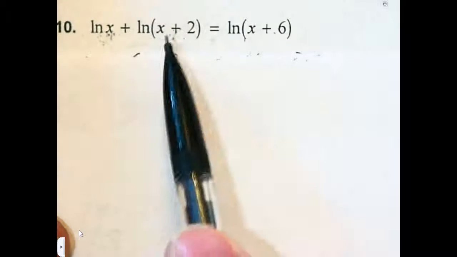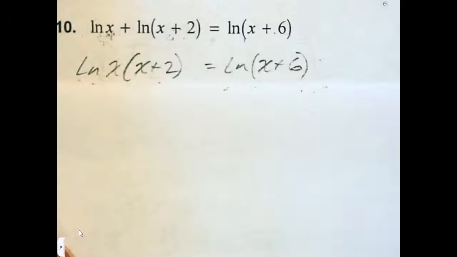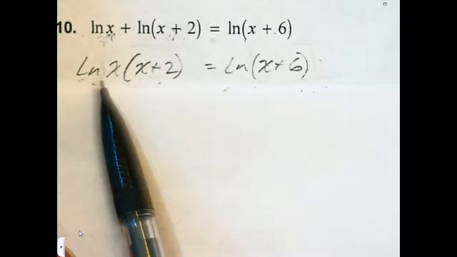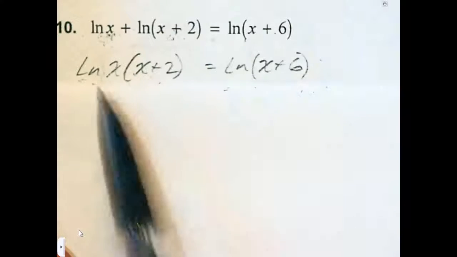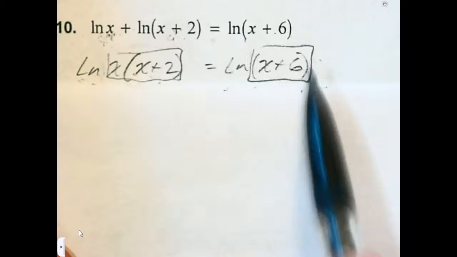Multiply them. This times that. That combines it to a single natural log now. And now that you have one natural log on this side and one natural log on this side, they're the same base. Now that equals that.